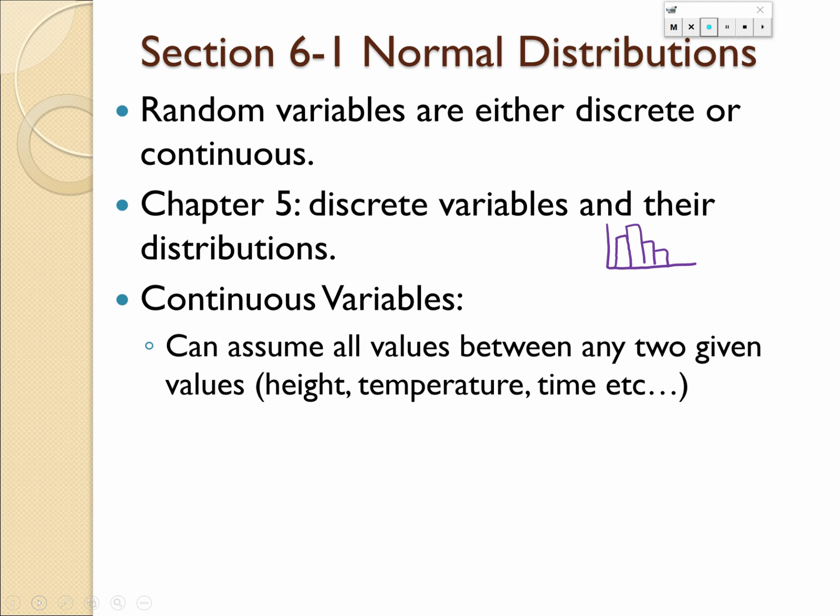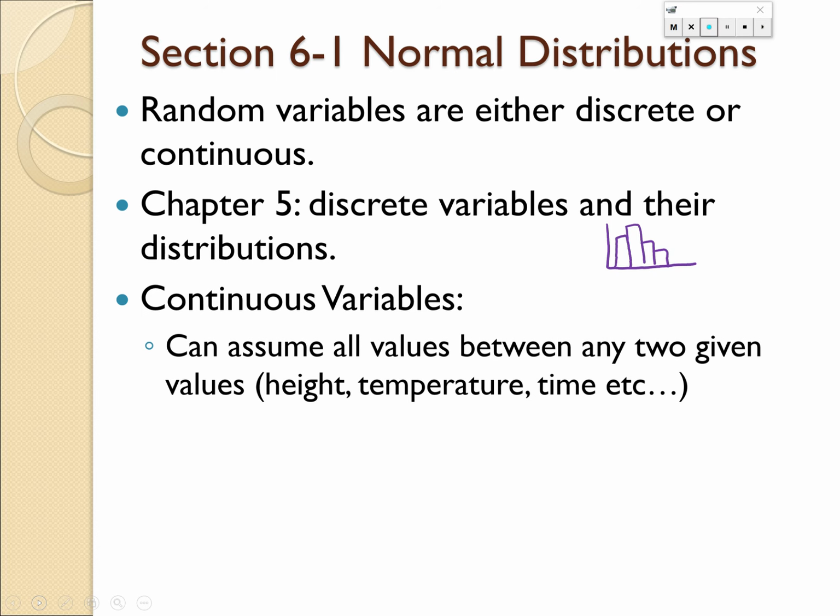So it means if you were to measure my height, let's say, and whatever device you were using only measured in inches, you would measure me at 67 inches. Well, I might really only be 66.5 inches, or maybe I'm really 67.5 inches. So my height could be anywhere in between 66.5 inches up to 67.5 inches, anywhere in that range.